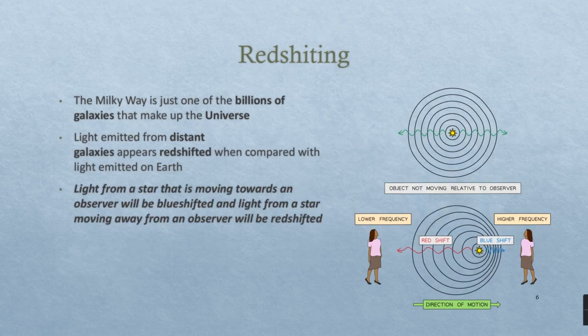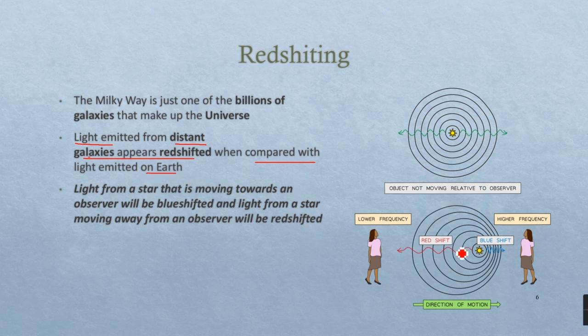This concept is called redshifting, and it supports that our universe is expanding, with the galaxies moving away from our solar system, or being stretched away from our solar system when we observe the light emitted from them. All galaxies appear redshifted when compared to the light emitted on Earth.